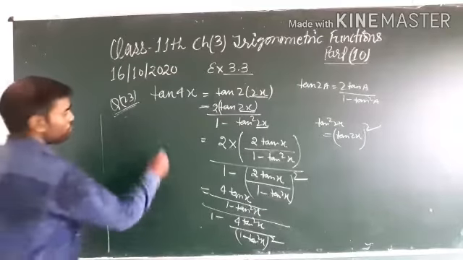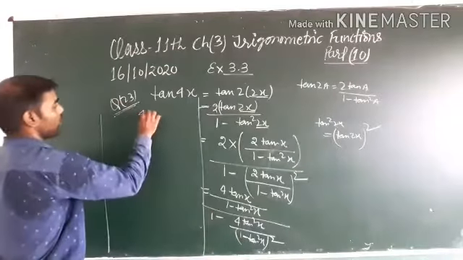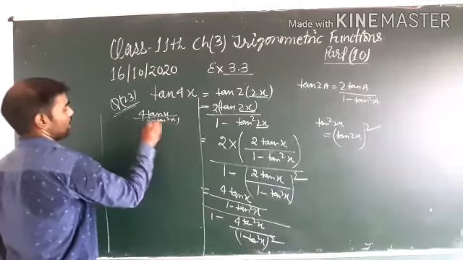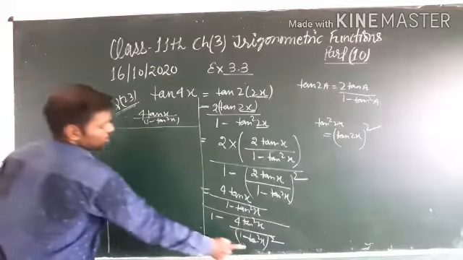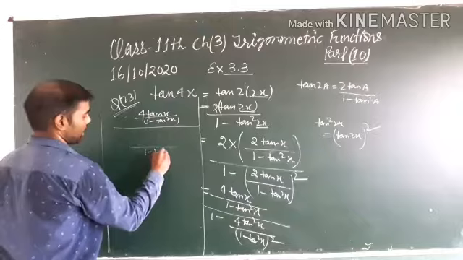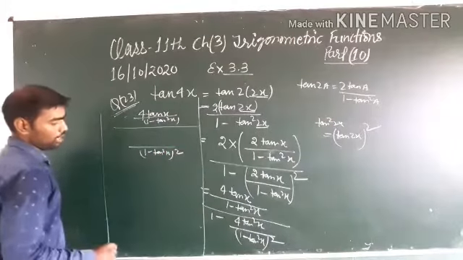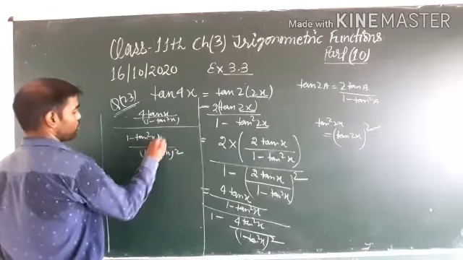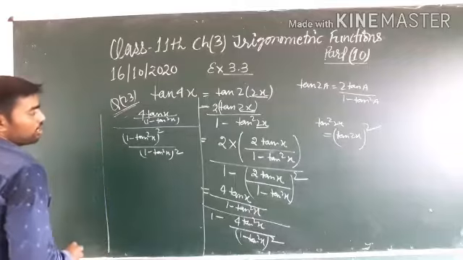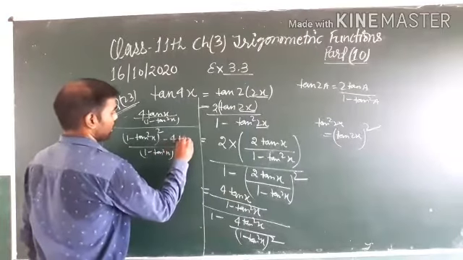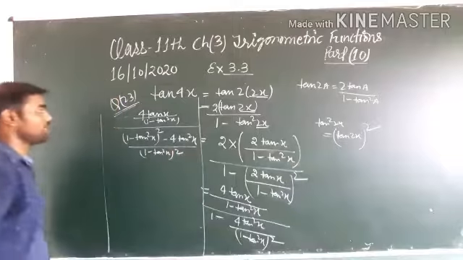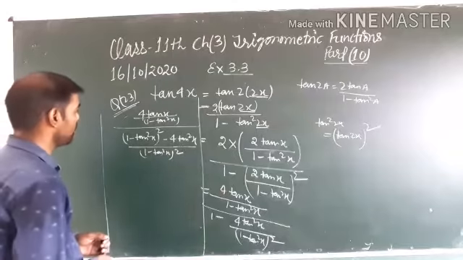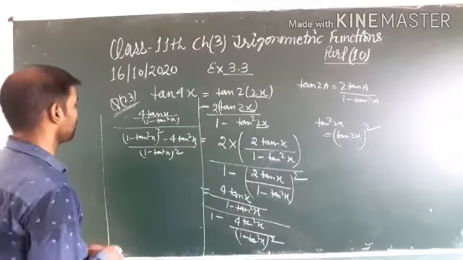Further, 4 tan x upon 1 minus tan square x, and in the denominator take LCM: 1 minus tan square x to the whole square upon 1 minus tan square x to the whole square minus 4 tan square x. What we get is 4 tan x into 1 minus tan square x.